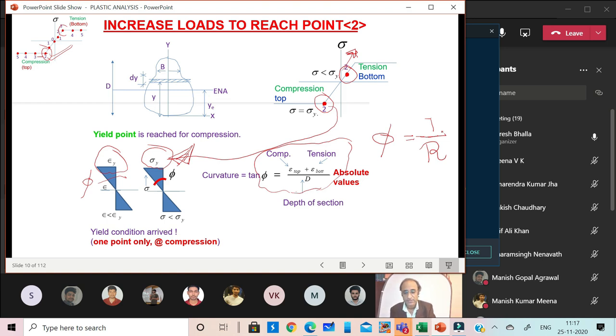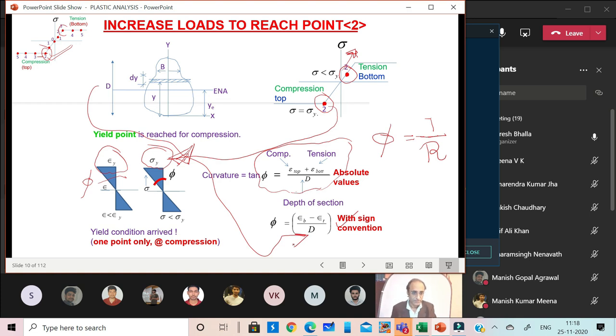Here we are just considering the positive quantities, but if we use the strict sign convention that shows all tensile stresses and tensile strains as positive and all the compressive stresses and compressive strains as negative, then we'll get something like this. Because we are showing the top strains, which are compression, as negative, we use a minus sign here. And D is the overall depth of the section.